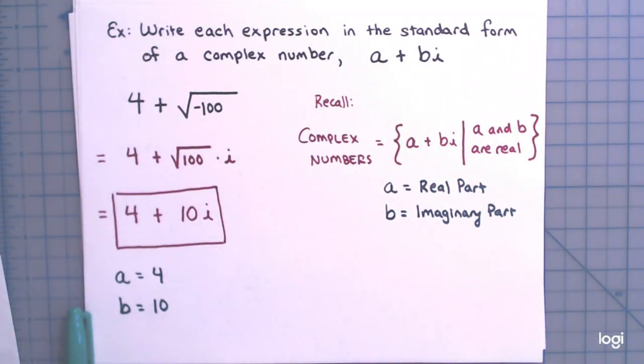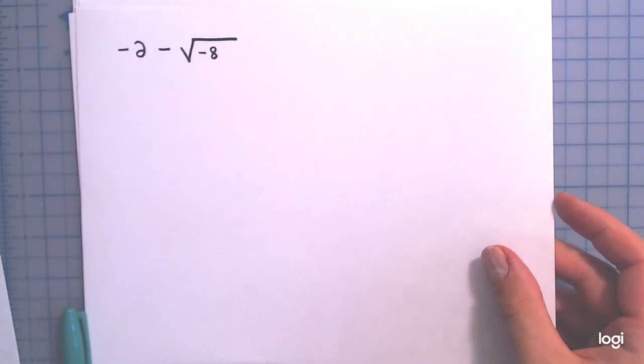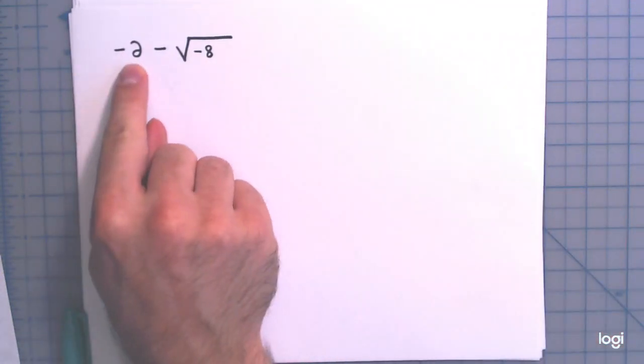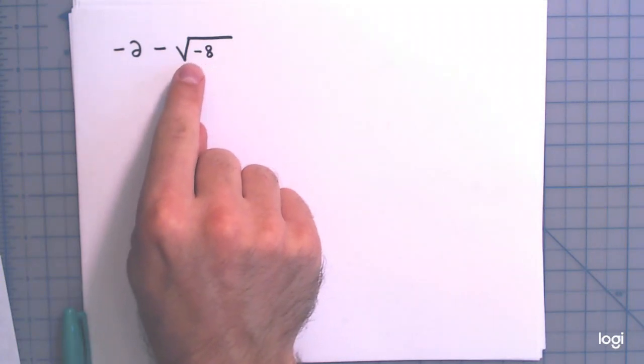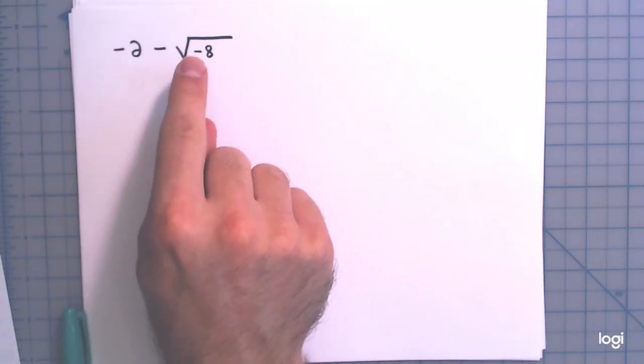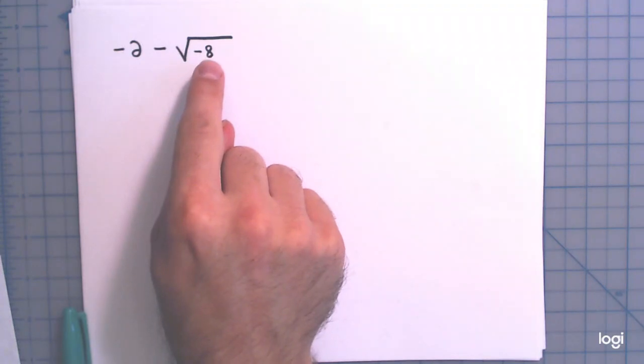So my next example, very similar. I have a negative 2 minus the square root of negative 8. And as I've mentioned, whenever you see the square root of a negative, automatically you should be thinking, I should rewrite this as a pure imaginary.